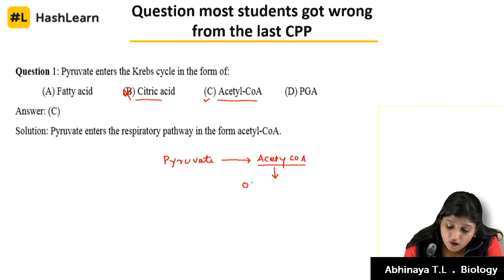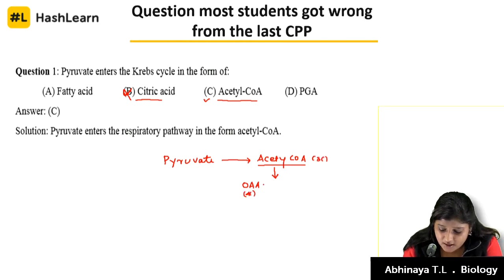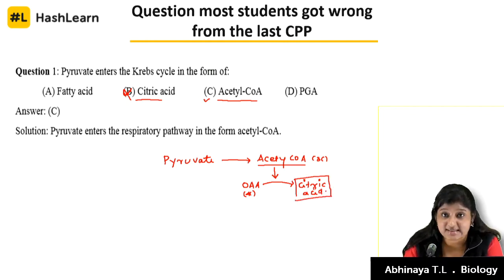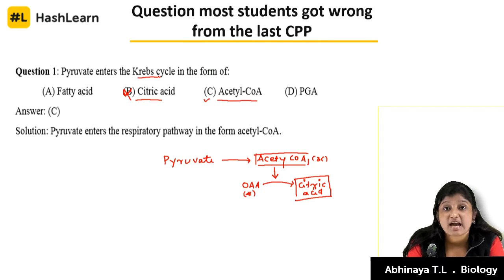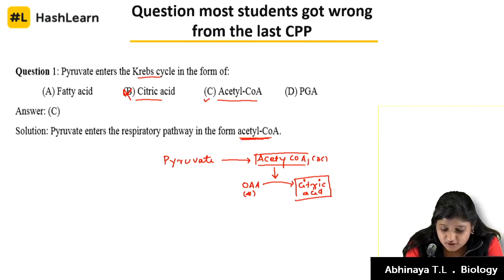Acetyl CoA, along with oxaloacetic acid, the 4 carbon compound, forms citric acid. Please note the difference. The first stable compound formed in the Krebs cycle is citric acid. The compound which gets inside the Krebs cycle, pyruvate, enters the Krebs cycle in the form of acetyl CoA. Please note this difference.